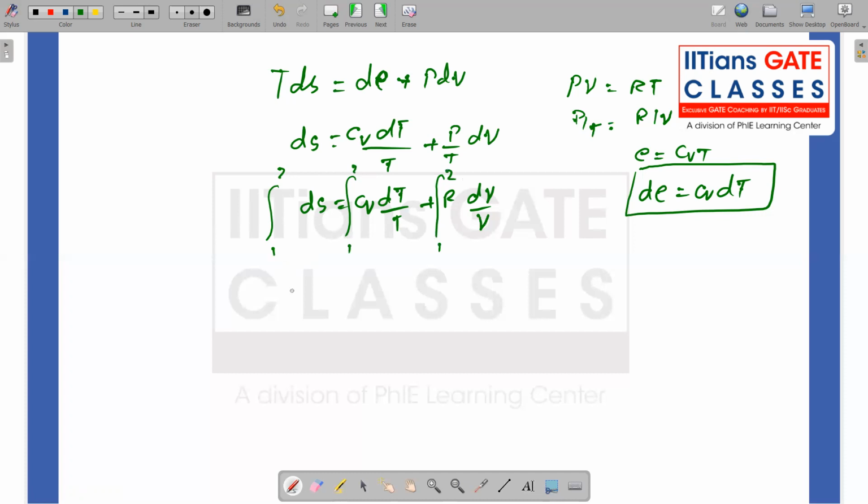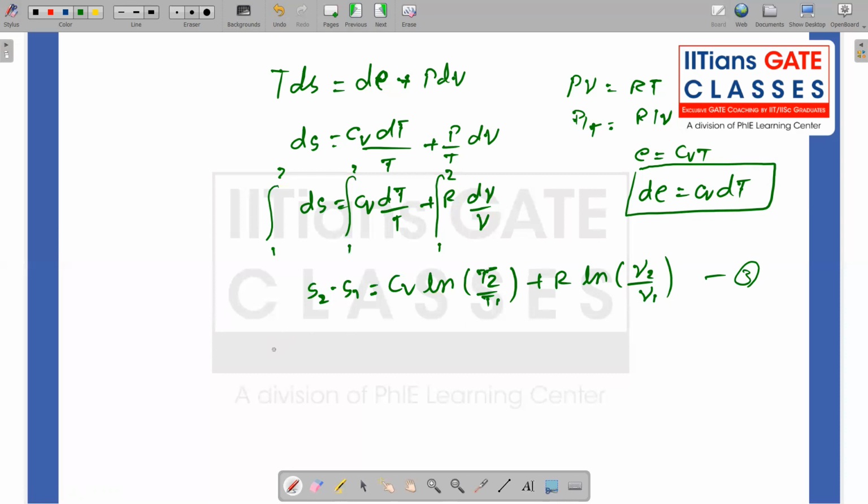So my equation looks like S2 minus S1 is equal to, if Cv is constant for a calorically perfect gas, Cv times ln of T2 by T1 plus R times ln of V2 by V1, right? This is the TdS relation integrated from state 1 to 2, as the process takes place from 1 to 2. I will call it equation 3.